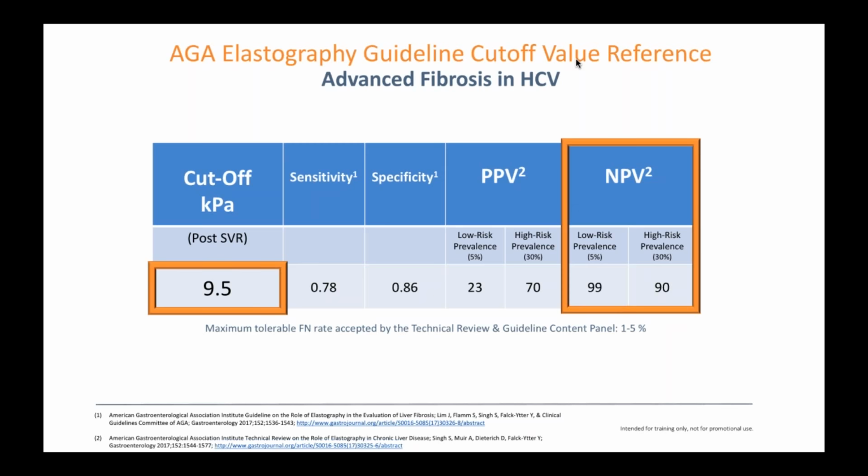Here you can see a low risk prevalence of 99% and a high risk of 90. What they were out to do here was minimize false negatives because of the obvious health repercussions that would happen if you undercalled disease in a patient that indeed had advanced fibrosis.